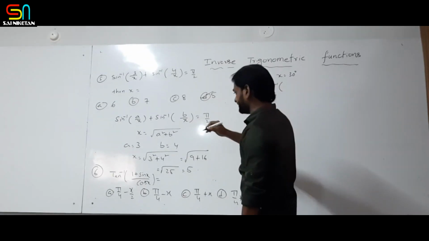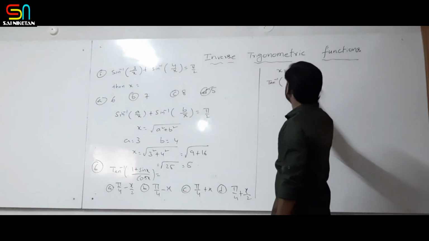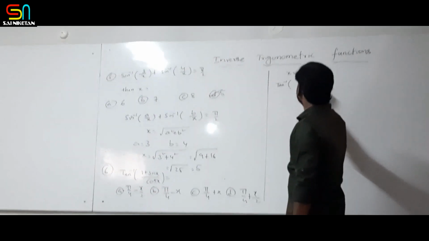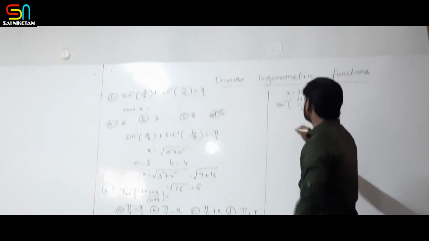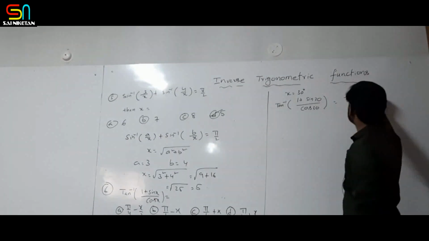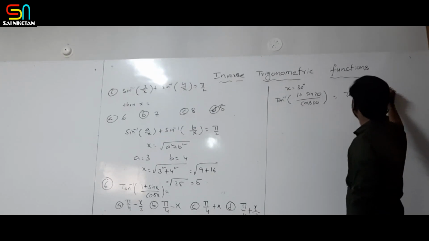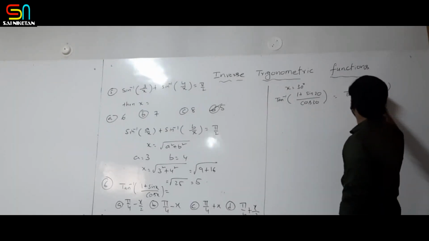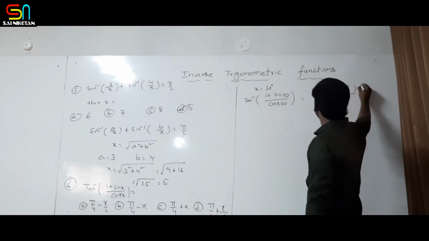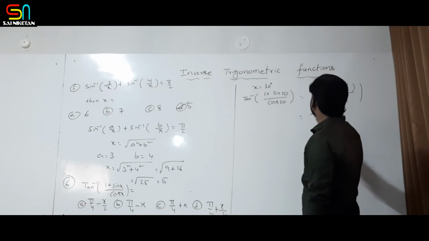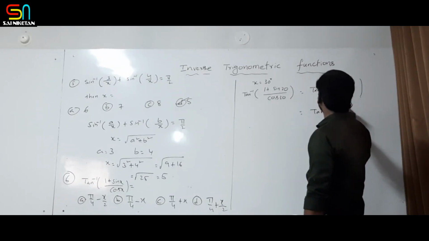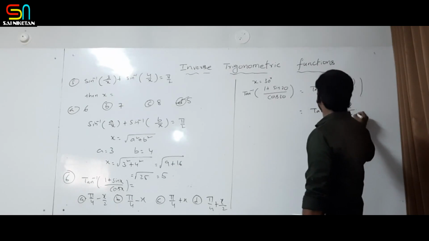I am solving the question, that is tan inverse of (1 plus sin 30) by cos 30. That is tan inverse of 1 plus sin 30 value is 1 by 2, by cos 30 value is root 3 by 2. Now that is tan inverse of 1 plus 1 by 2 is 3 by 2, by root 3 by 2.